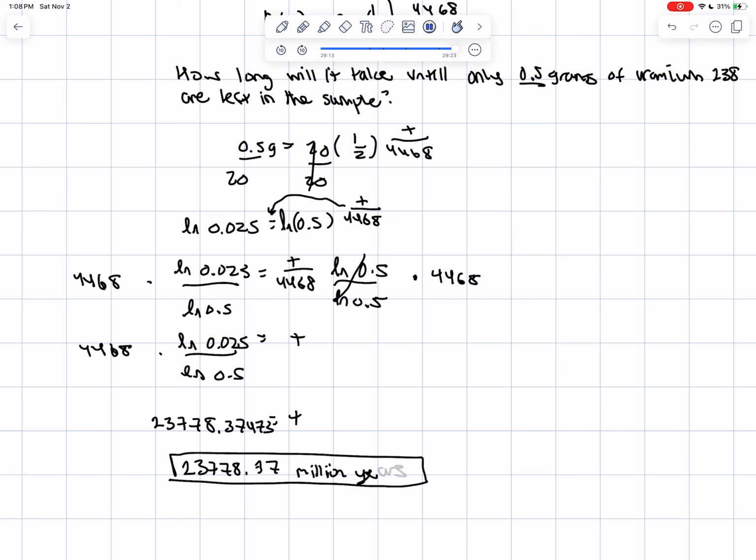So this is our answer. So this is how we solve models and applications for 5.6.